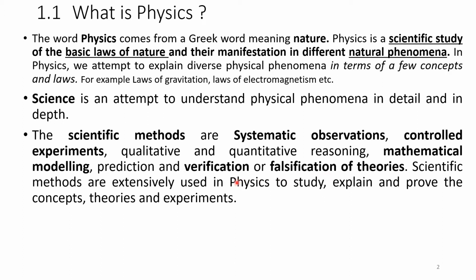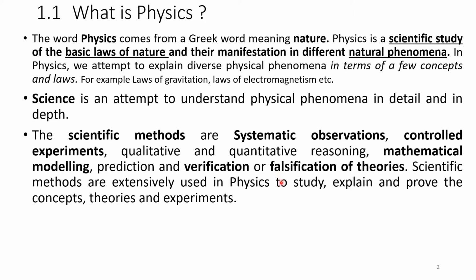When we say verification, that means we have to prove certain concepts, certain laws, certain theories. And falsification is the opposite of verification. That is, falsification means we have to disprove certain assumptions, certain theories, and cross-verify and present the correct thing.